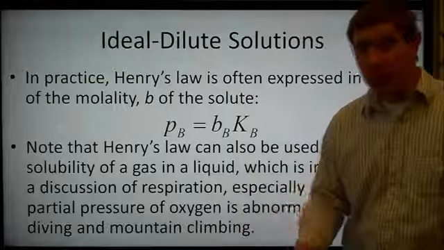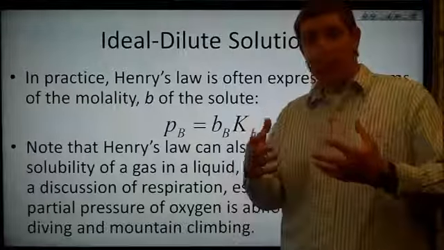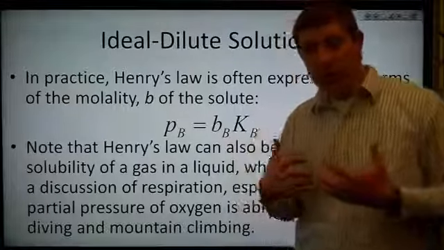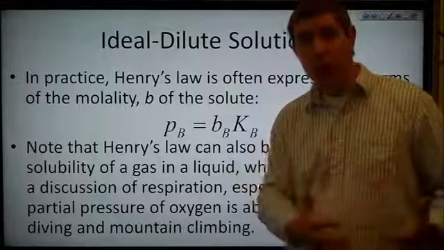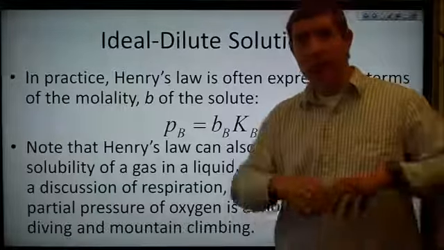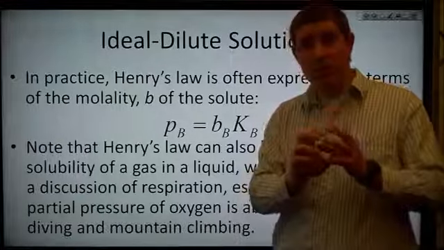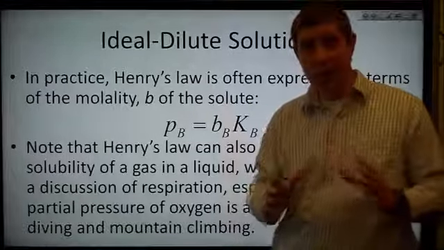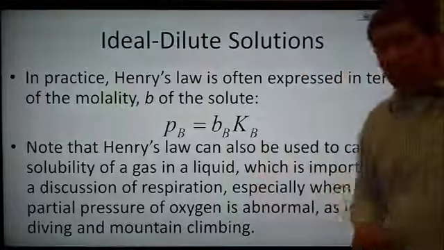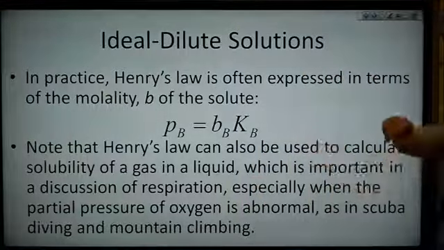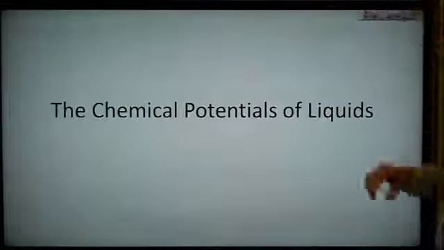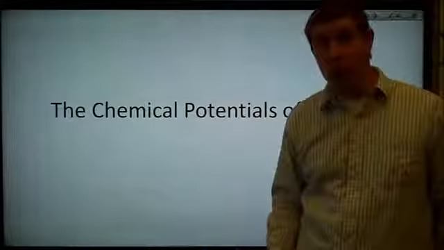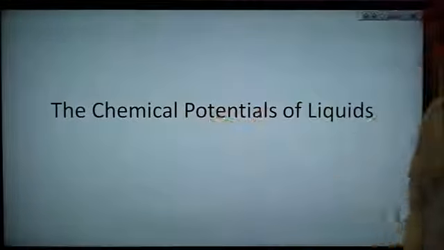If you rapidly come up and that nitrogen doesn't have a chance to come out of your blood, if your blood is supersaturated in nitrogen, then you start to form little bubbles of nitrogen in your blood, which is really, really painful, and this is what we call the bends. This sort of effect becomes really significant in certain real-world scenarios. So that was the chemical potentials of liquids.